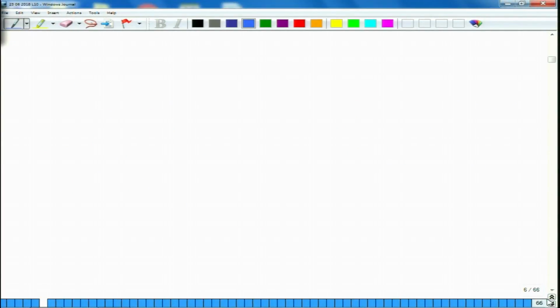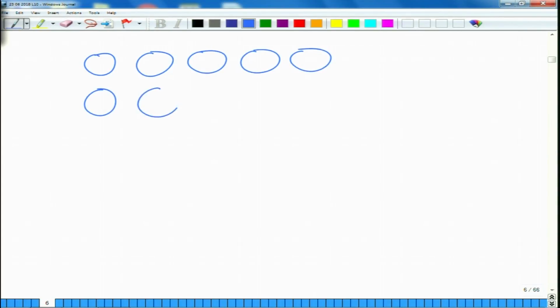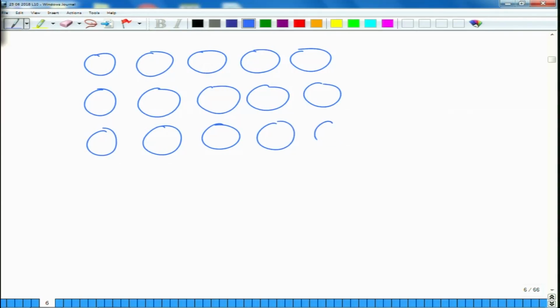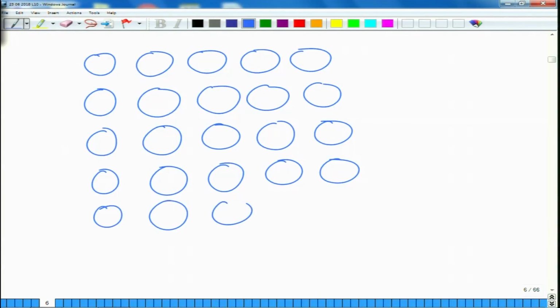You can have another scenario in which you have situations like these. And you can have some sort of clustering.